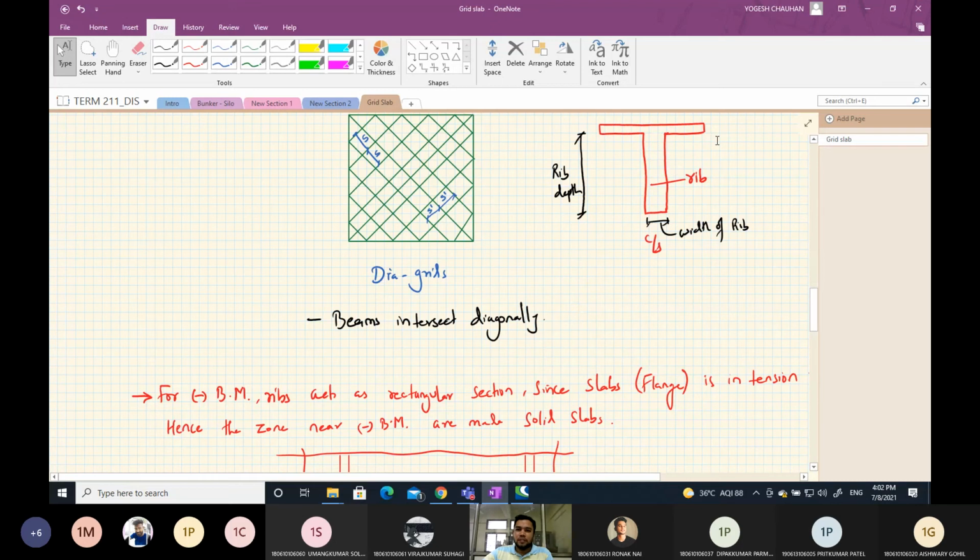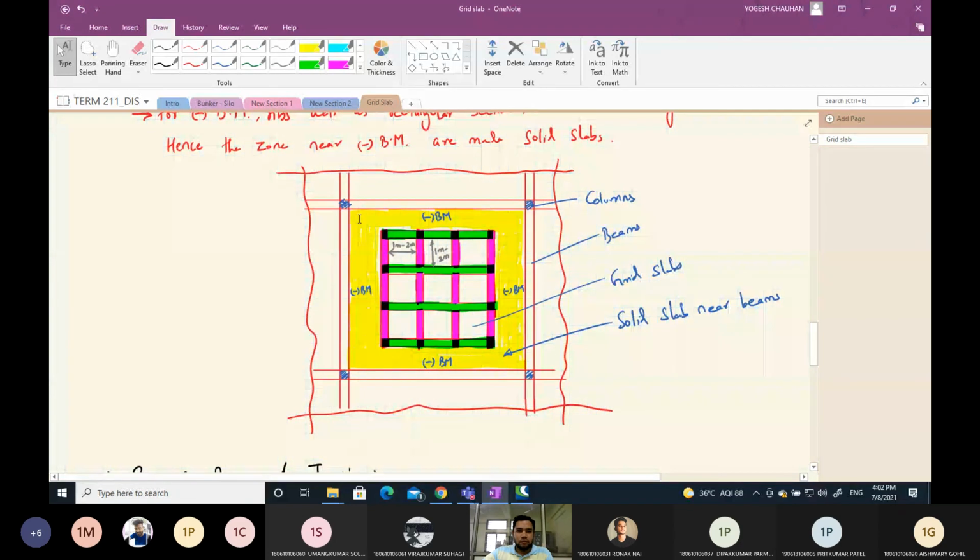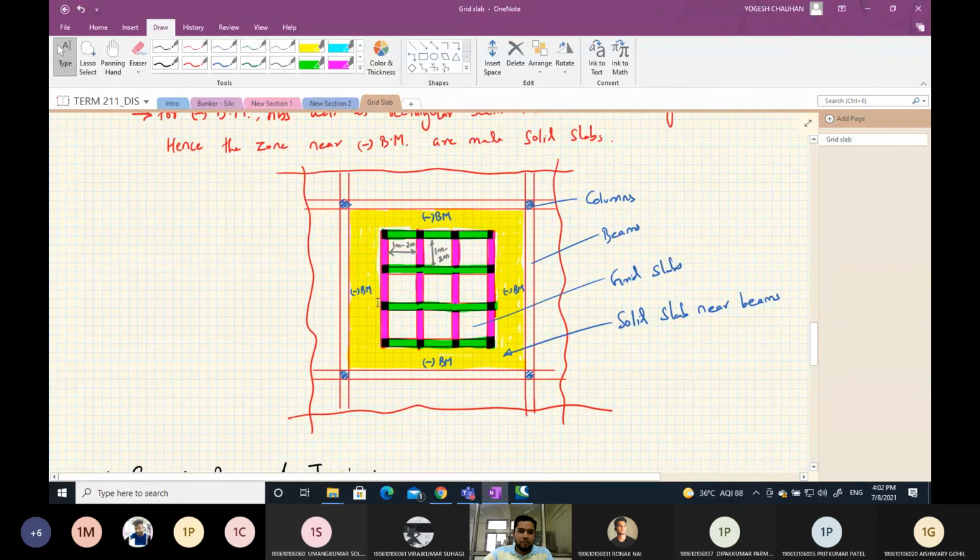There the top slab is in tension, so the section is rectangular near the negative bending moment zone. So sometimes where there is negative bending moment, a solid slab may be provided if the negative bending moment is too much, which cannot be resisted by the rectangular sections of the rib. Then we may provide the solid slab.